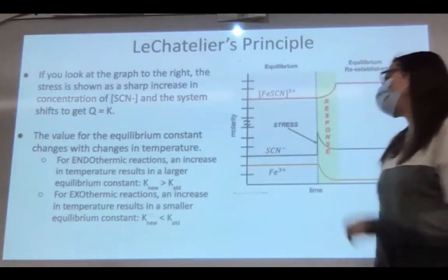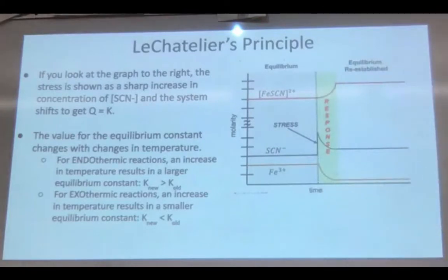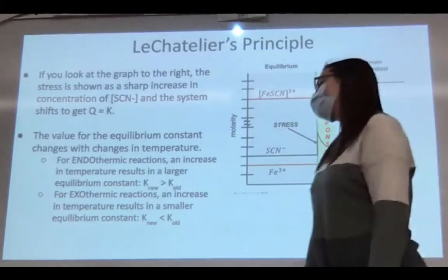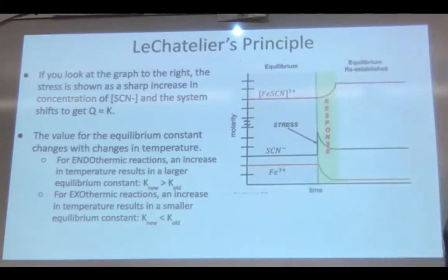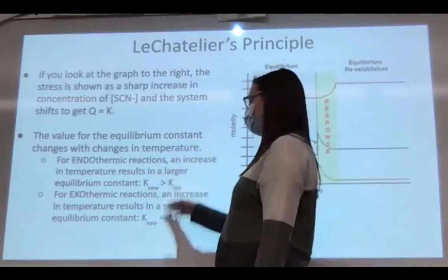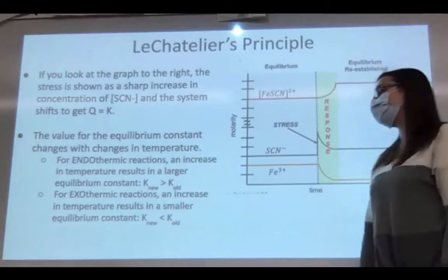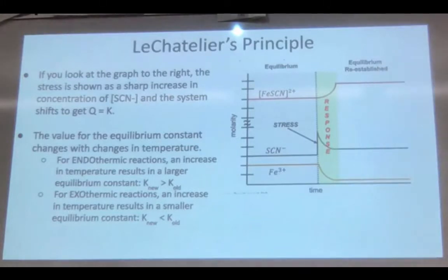So if it's endothermic, when you increase temperature, you're increasing K. If it's exothermic, you increase temperature, you decrease K. And so exo-endo thermicity is actually going to affect how K changes. So endothermic, increased temp, higher K. Exothermic, increased temp, lower K.